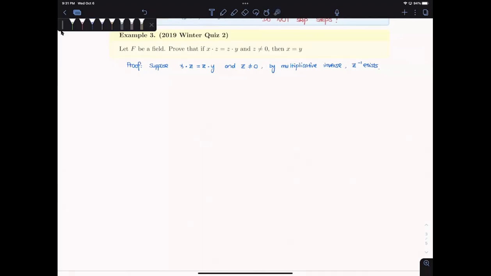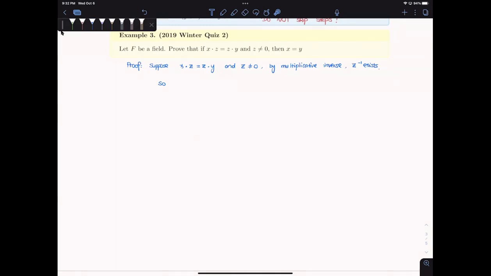It's better that you do that. It's definitely better you do that. Okay, so we can multiply both sides by z inverse, but make sure you know this. When you do multiplication, you can either do both on the left hand side or on the right hand side. You cannot do one left, one right, or put one in the middle.